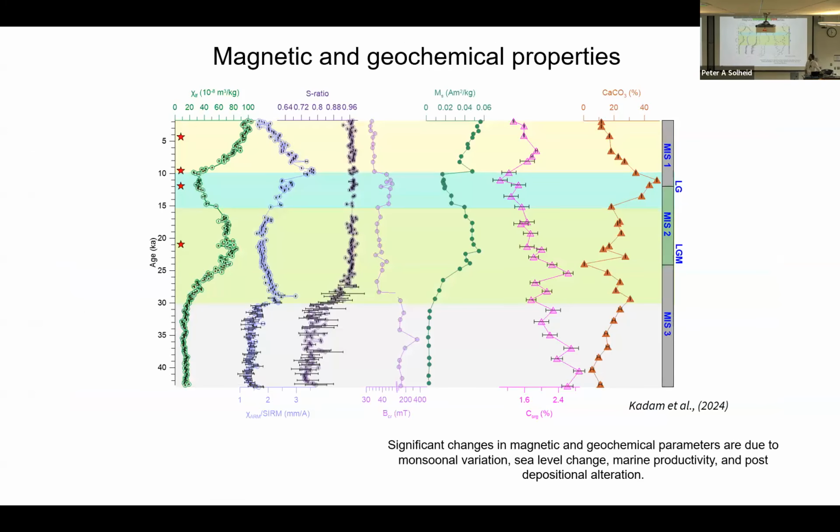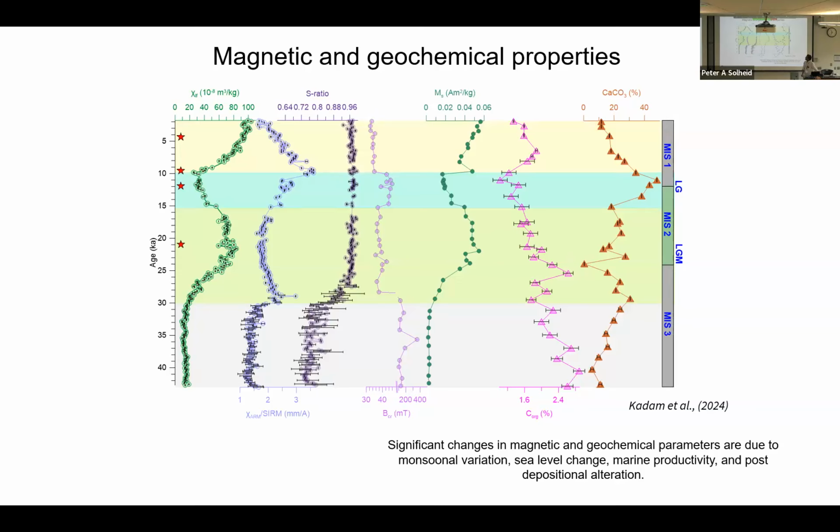This is the bulk magnetic and geochemical record for this sediment core. As we see, for the Holocene part and the last glacial maximum, we see a stronger magnetic signal, that is, a higher magnetic susceptibility, and consistently the S ratio, or the magnetic mineralogy indicator, shows values around 0.9, which could suggest that most of the minerals are ferromagnetic.